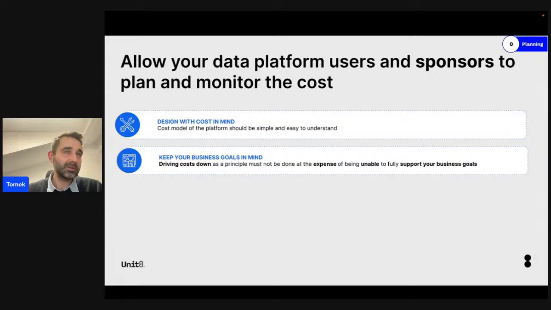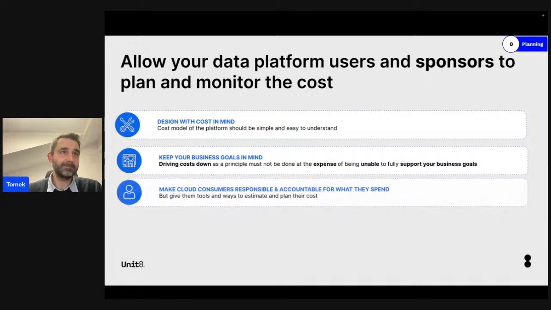So you cannot just look at the costs without having business goals in mind, because some use cases may be bringing a lot of value to your business, but they can also be expensive, but it's reasonable and justified. So you need to have those two dynamics in mind. And it's also about making your consumers responsible and accountable for the spend.